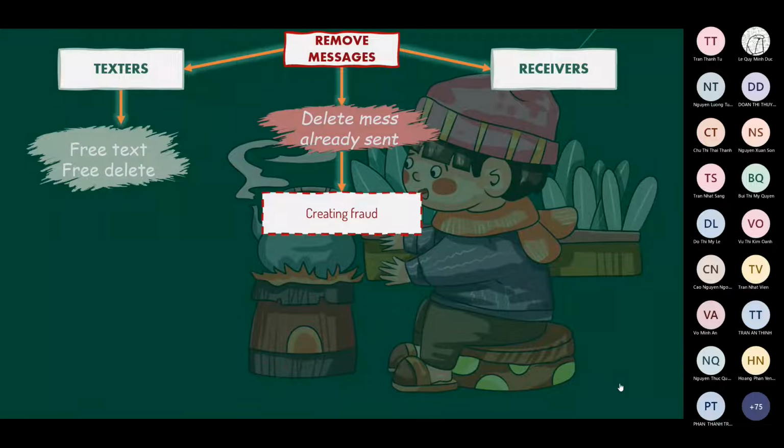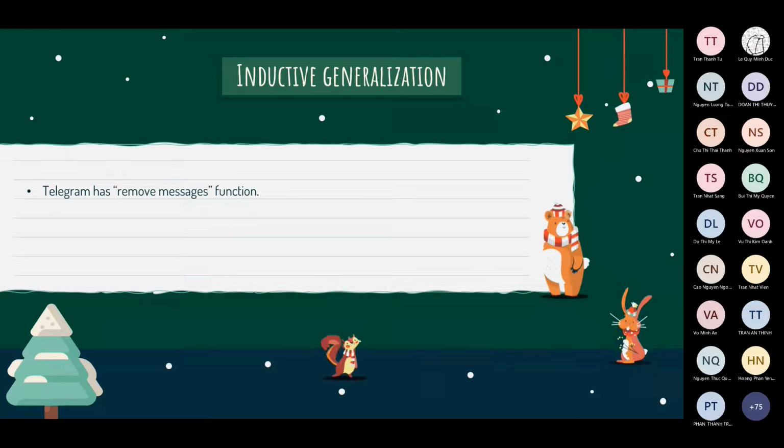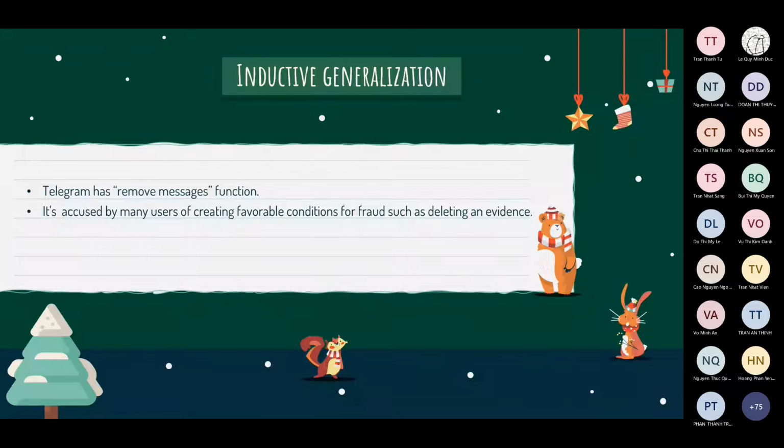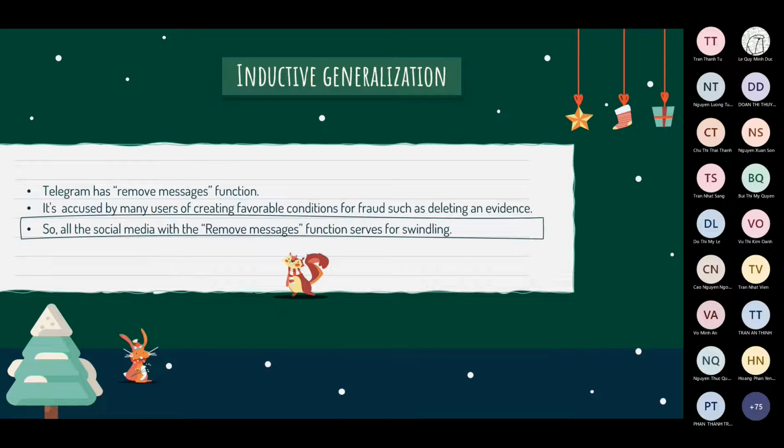Next, in my part, we will discuss creating false problems on chat apps with the remove message function. To begin with, I will use an inductive generalization argument to express my opinion. First, Telegram has a remove message function and it is accused by many users of creating favorable conditions for fraud, such as deleting evidence.